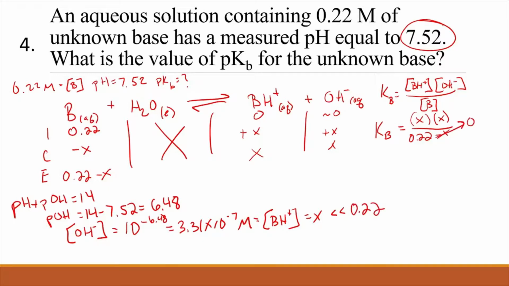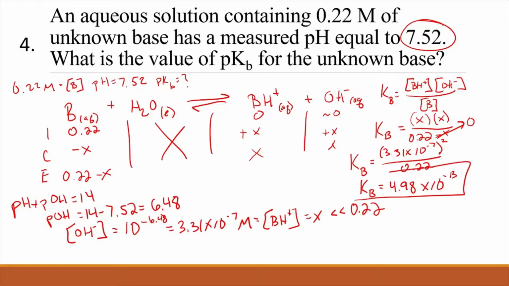So now in our Kb equation, we can go ahead and get rid of that 0.22 minus X's X. Now that we have this to substitute in, we know that Kb is equal to X squared, which is 3.31 times 10 to the negative 7th squared, divided by 0.22, since we got rid of that minus X. And once you punch all that into your calculator, you get a Kb equal to 4.98 times 10 to the negative 13 power. Very, very small Kb.